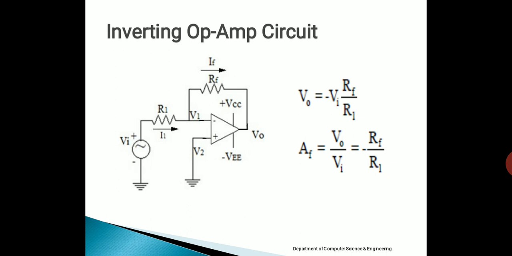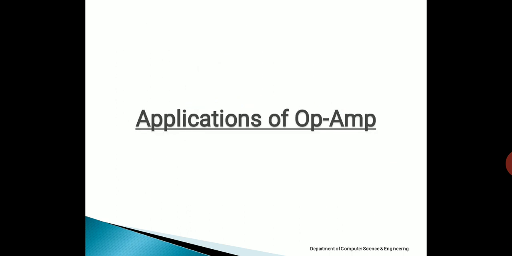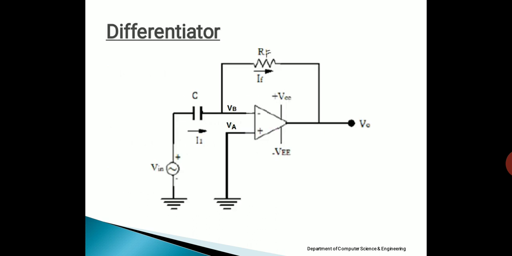If you replace the resistance R1 by a capacitor C, we get what is called a differentiator. Only the difference is we have used this capacitor C in place of resistor R1, and Vin is connected to the inverting input terminal, the non-inverting input terminal is grounded, and the feedback resistance RF is kept as it is.